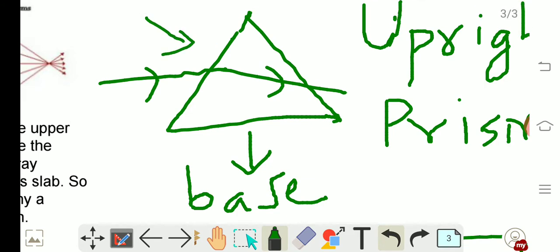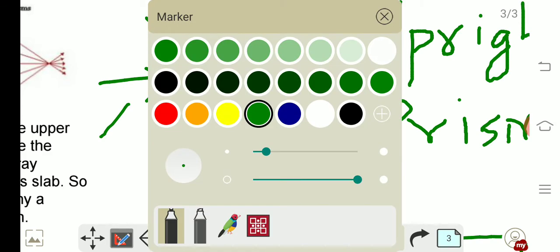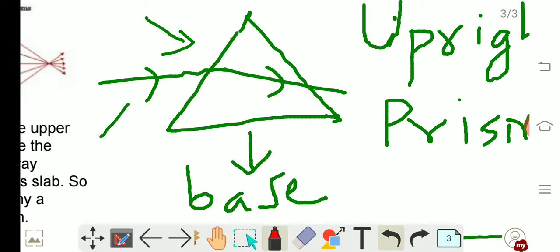Whenever the light rays fall on the prism, it deviates towards the base after refraction. See, the light rays after refraction are deviating towards the base. This is the base, and this is the light rays after refraction, deviating towards the base of the prism.